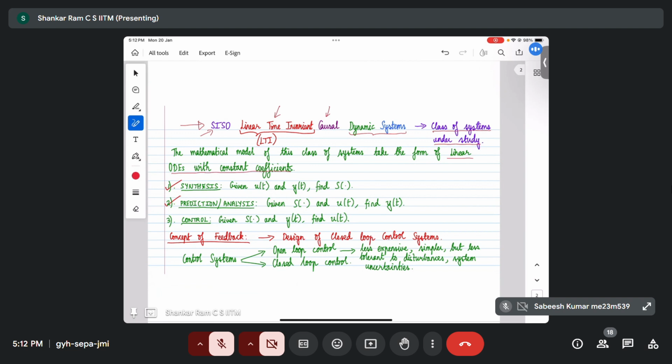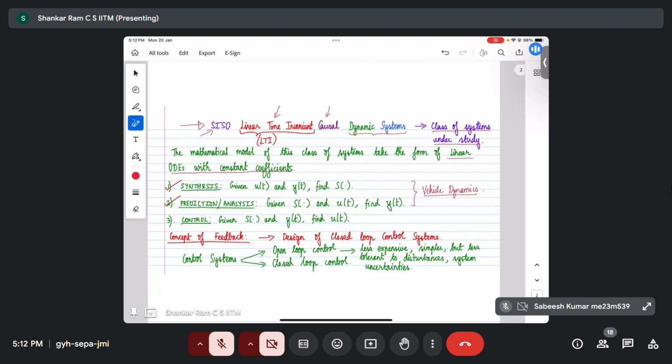So in vehicle dynamics, we would have studied the first two problems, right? That is, we are given a certain input and output, and we want to get the mathematical model or the mapping. That is what is called model synthesis. And we would also have done the prediction or analysis problem.